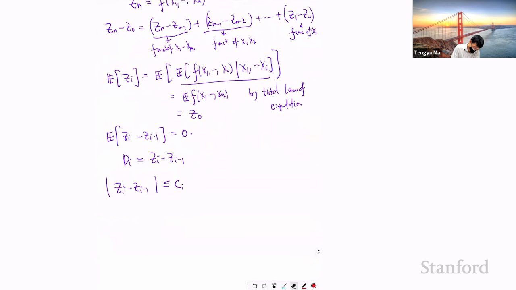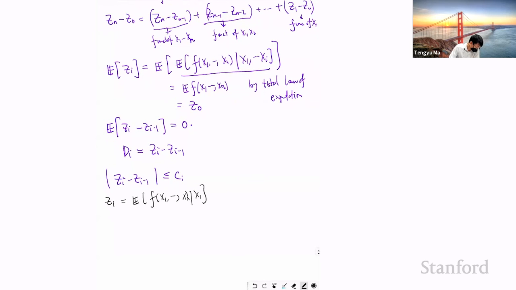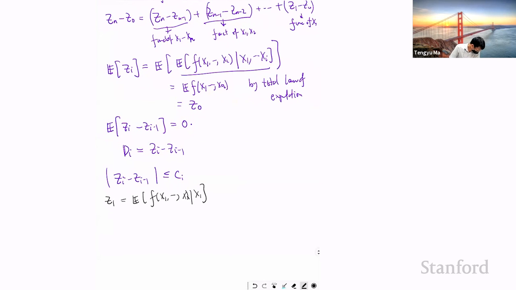So z1 is the expectation of f(x1 up to xn) conditioned on x1.